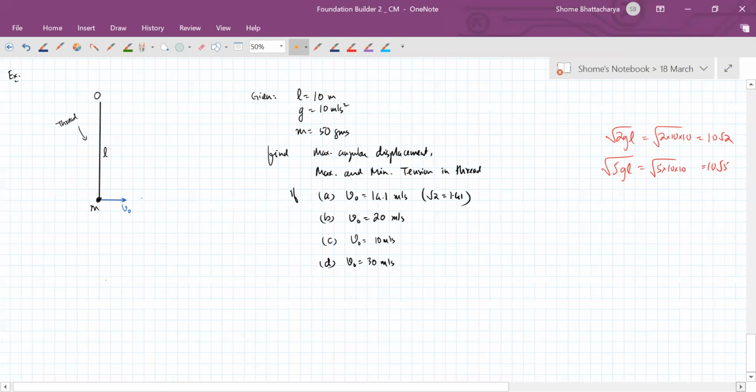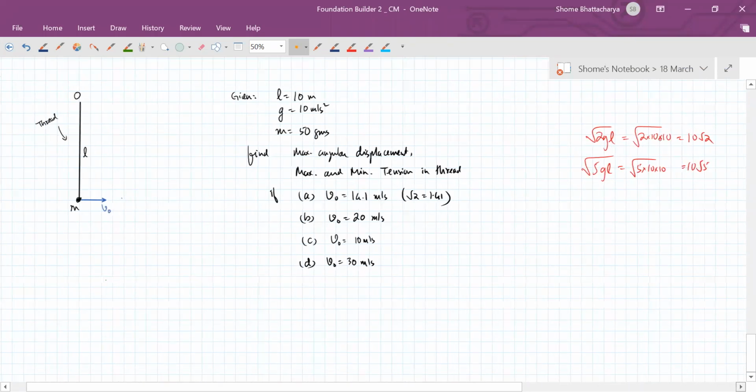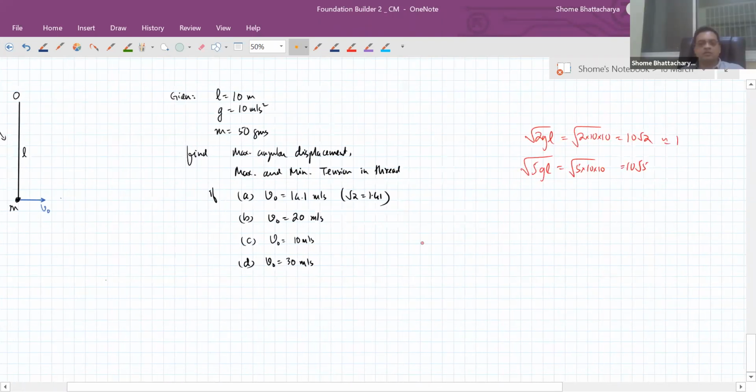So this is 14.1. You can see that this value is root 2gL, and this will become root 5, which is 2.24 or something close to that, right?